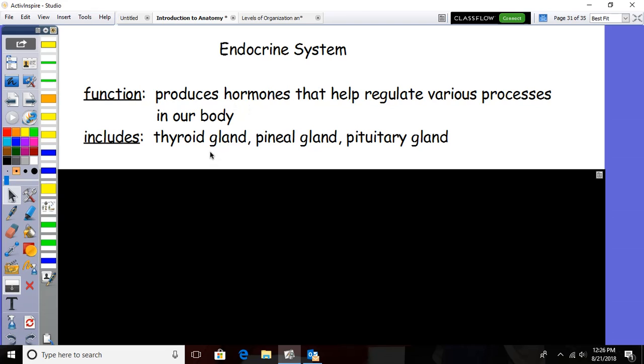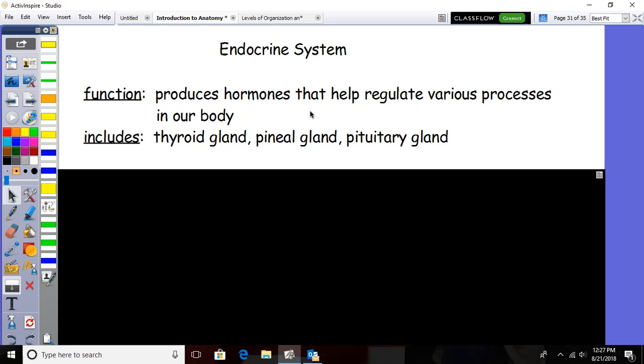Because I want you to notice with the examples that the endocrine system is all made up of glands: the thyroid gland, the pineal gland, and the pituitary gland. Glands produce hormones, so the endocrine system produces hormones that regulate various processes in our body.